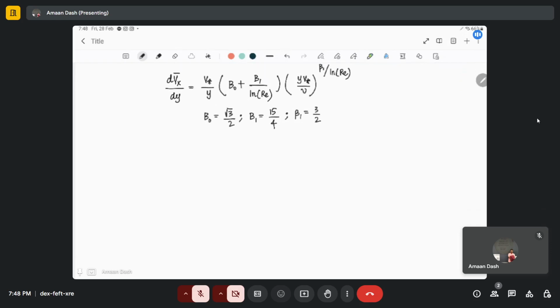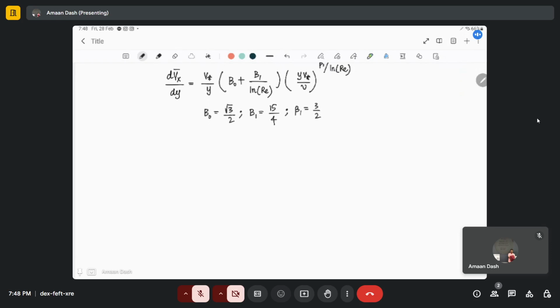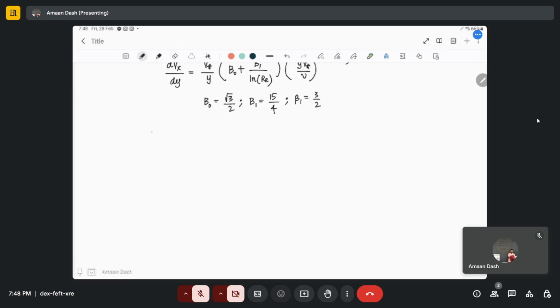And once we got this, you can integrate again as we did previously. If you integrate this expression, you will get something like this: Vx bar by V star is equal to 1 by root 3 ln of Re plus 5 by 2, times y V star by nu to the power of 3 by 2 times ln Re.